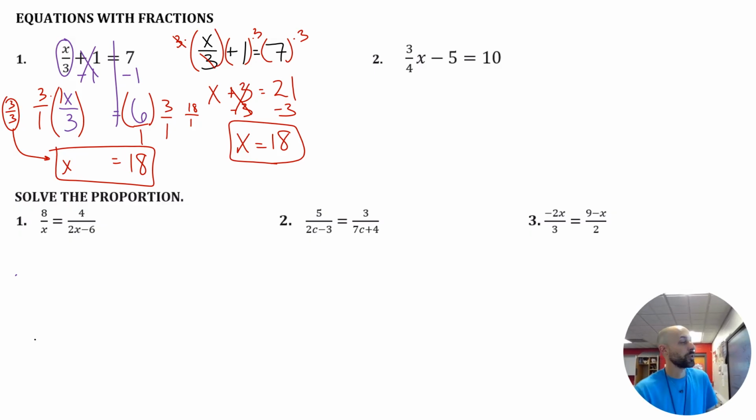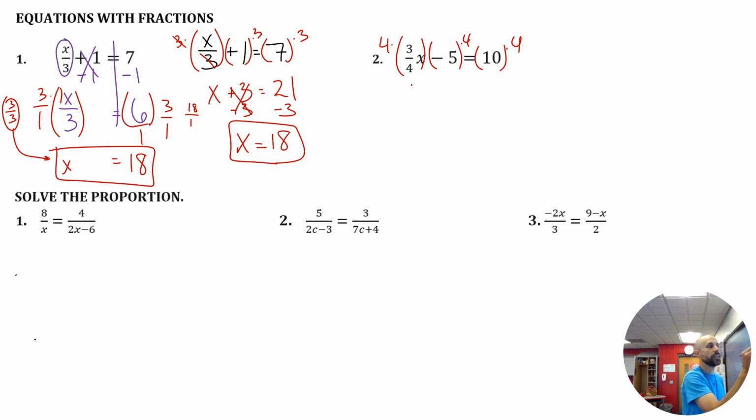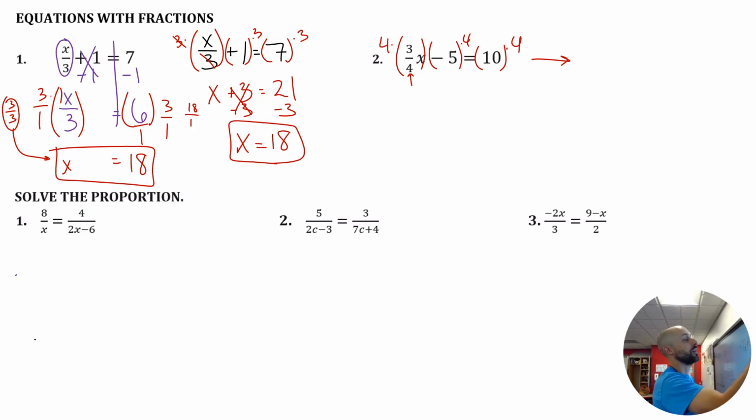Okay, for number 2, again, same approach. You could either multiply every single thing by 4, which, notice, is the denominator of that fraction. If you do that work over here, then you would be left with 3x minus 20 equals 40.